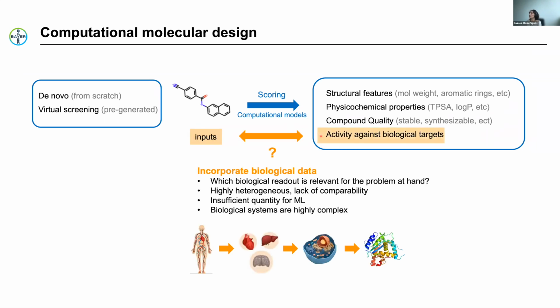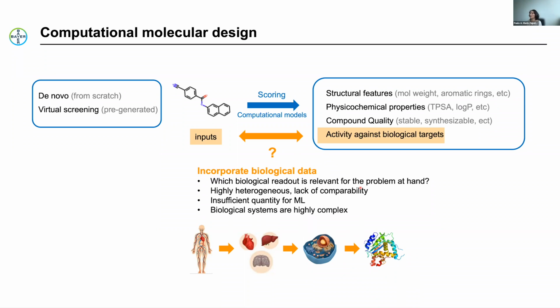However, the main difficulty about predicting activity against biological targets is that it is very difficult to incorporate biological data, and there are many reasons for this. The first one is that sometimes we don't even know which biological readout is relevant for the problem that we have at hand.